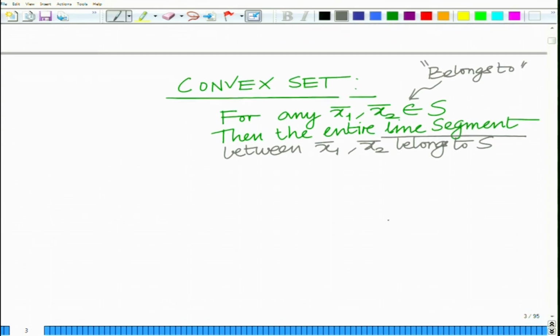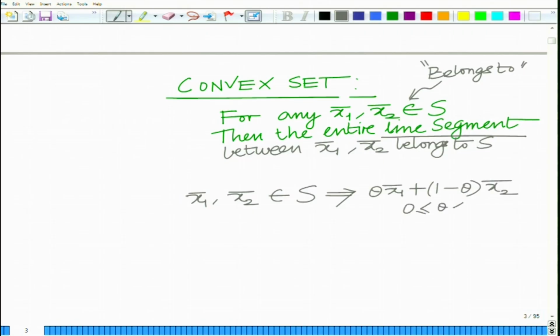Alright. So, what this means is the following, mathematically writing: if x1 bar comma x2 bar belongs to S, this implies that the line segment, remember we just demonstrated that the line segment is denoted by theta times x1 bar plus 1 minus theta times x2 bar, 0 less than or equal to theta less than or equal to 1, also belongs to S for all 0 less than or equal to theta less than or equal to 1.